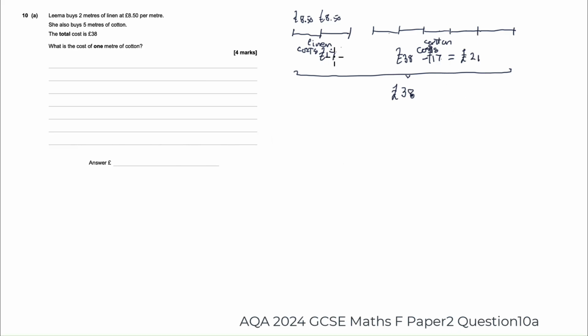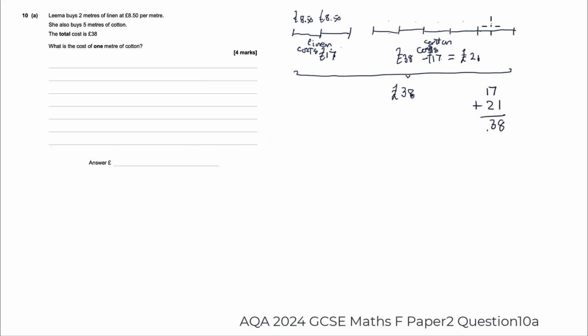So £17 on the linen, 21 on the cotton. You can just check that 17 plus 21 does give you 38, so everything's working so far. So £21, she buys 5 metres of cotton.